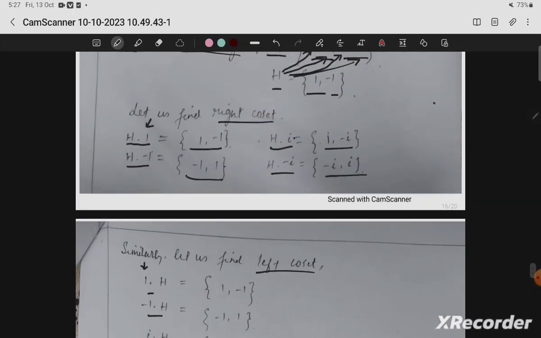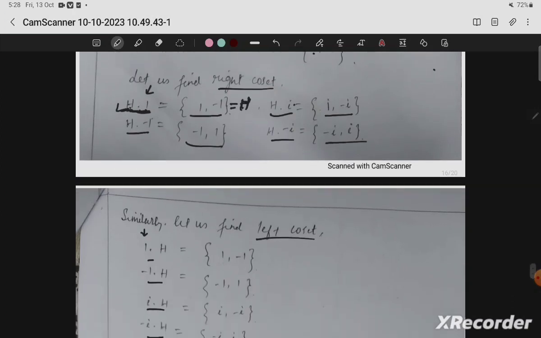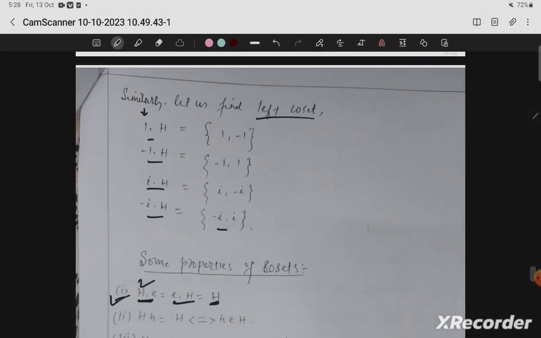H into 1 is giving us {1, minus 1}, which is equal to H. H into e is also giving us H. So it is satisfying the property.